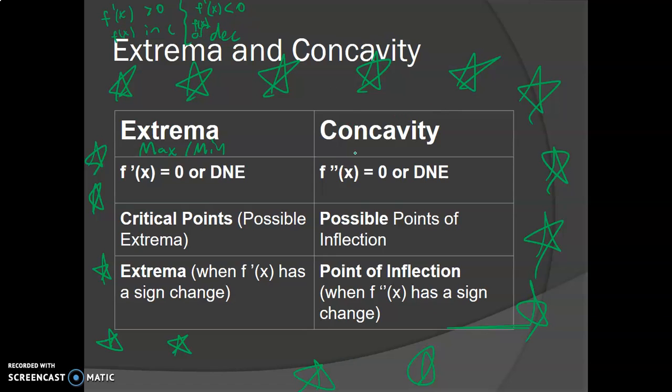Same idea for concavity. If the second derivative is 0, or if it's not defined, or doesn't exist, then that's a possible point of inflection. If the second derivative actually changes sign, then that's an actual point of inflection. So if the second derivative goes positive to negative or negative to positive. So the first derivative tells you if the original function is increasing or decreasing.